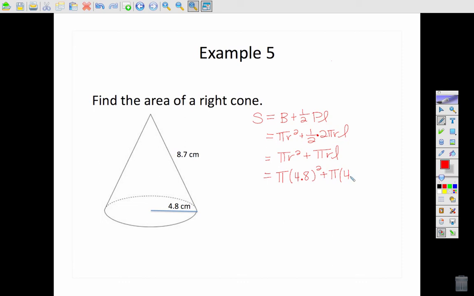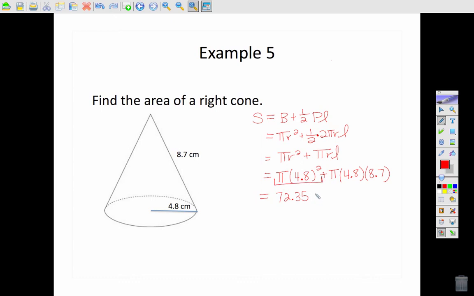Radius in this case is 4.8. And we have pi times 4.8 again, times the slant height, which is 8.7. And we have a lot of decimals there, so not really a lot that we can do in our head. So we're going to go ahead and multiply that through.